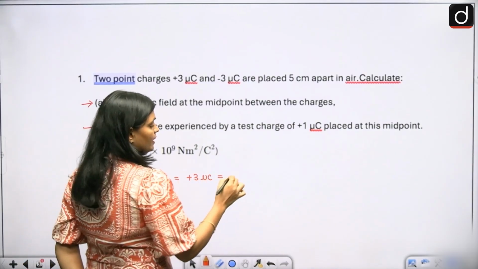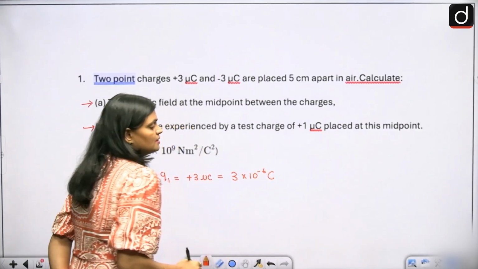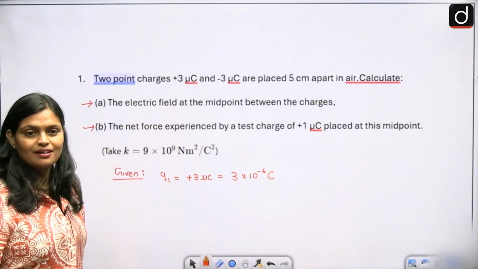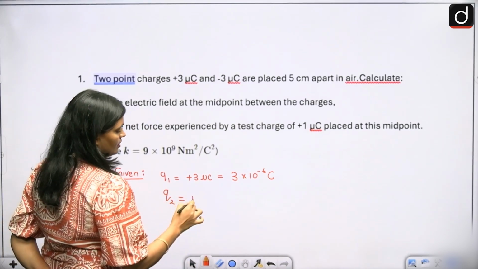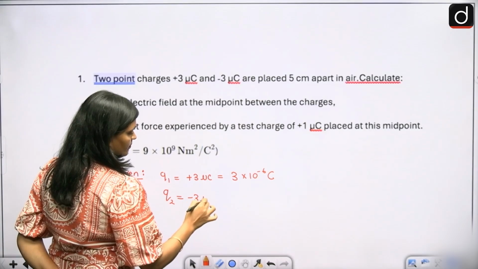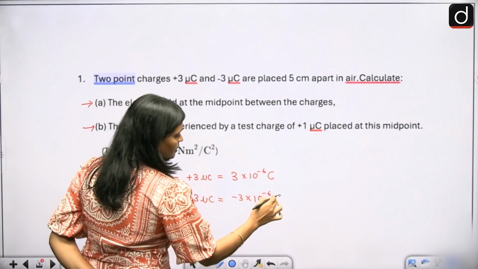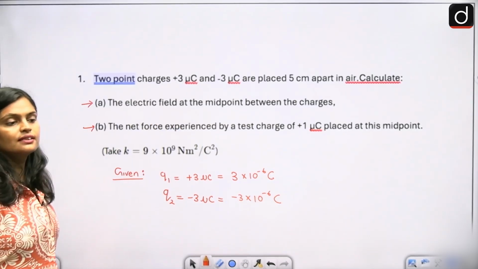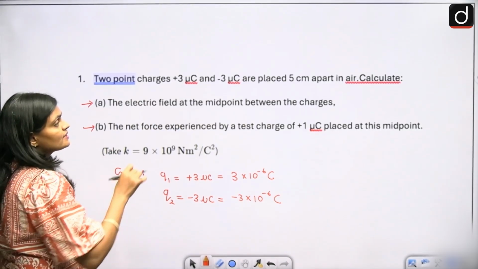You can also write 3 into 10 to the power minus 6 Coulomb, and Q2 equals minus 3 into 10 to the power minus 6 Coulomb. This is given only.